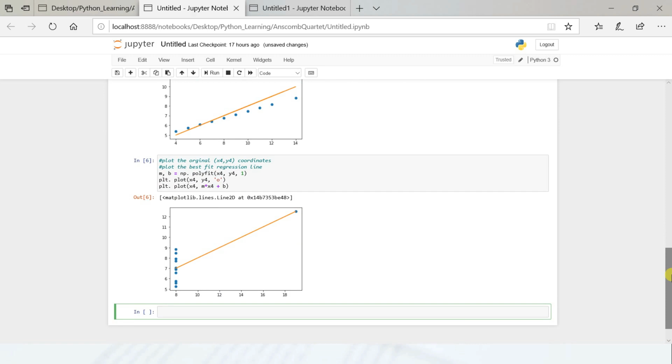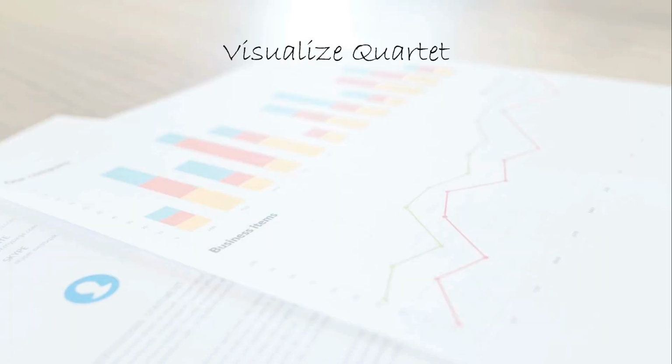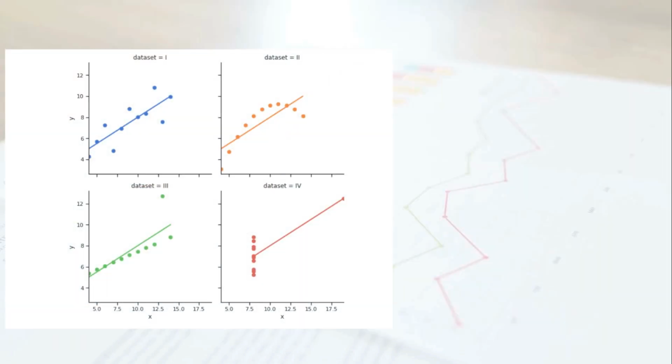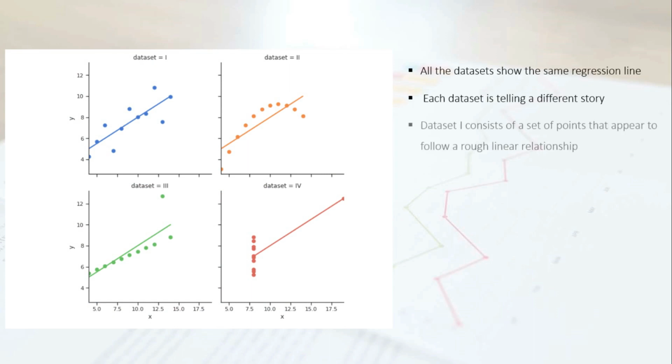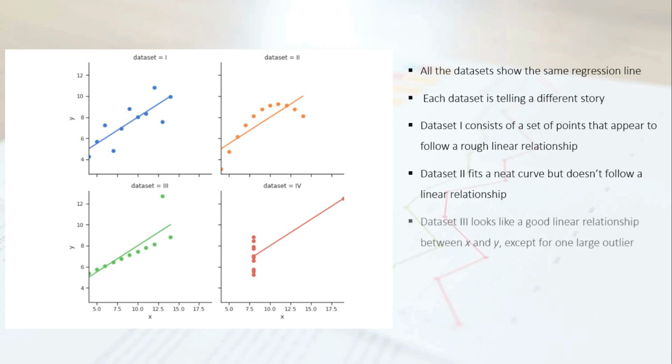When we visualize the fourth dataset, it is very different from the above three. So what do we see from all these four datasets? This is what we obtained.